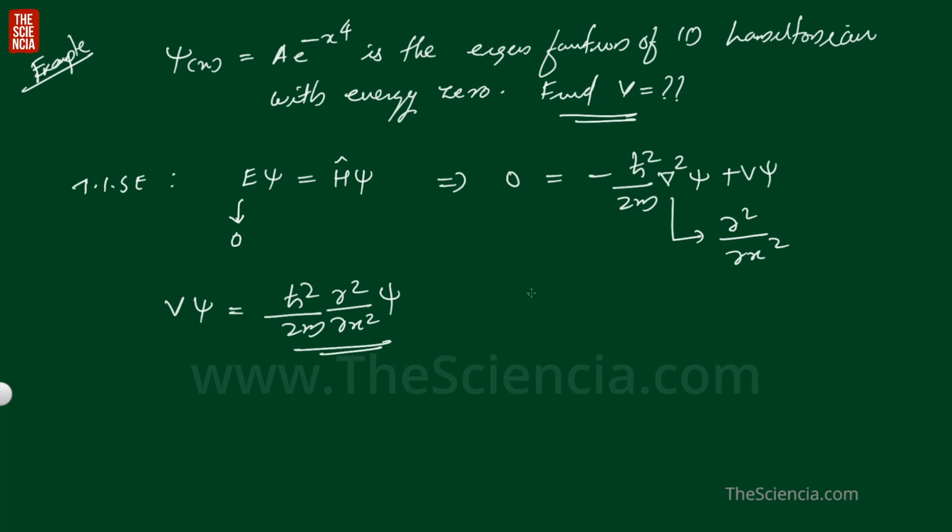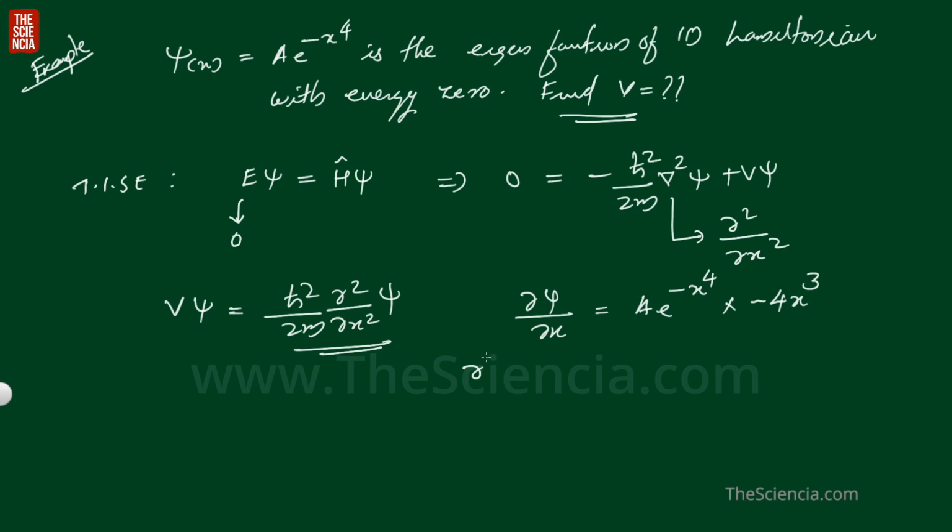So first we have to find out ∂ψ/∂x, and ∂ψ/∂x is equal to A into e^(−x⁴) into −4x³.